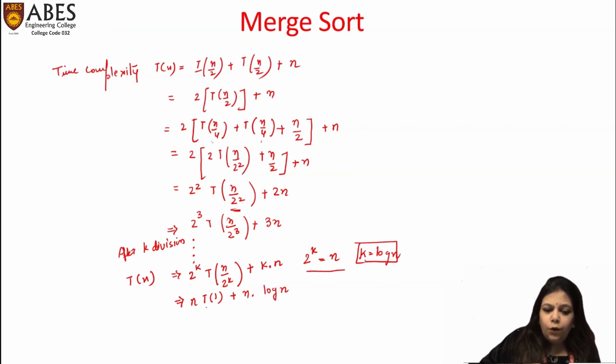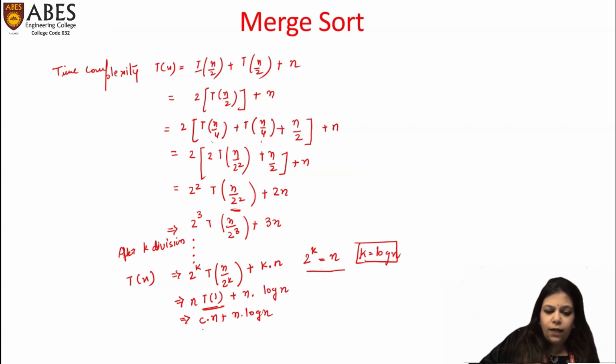Right? Now, in order to find out the cost of one element, this is going to be a constant time, which can be represented as c. So this is equal to c of n plus n log n.